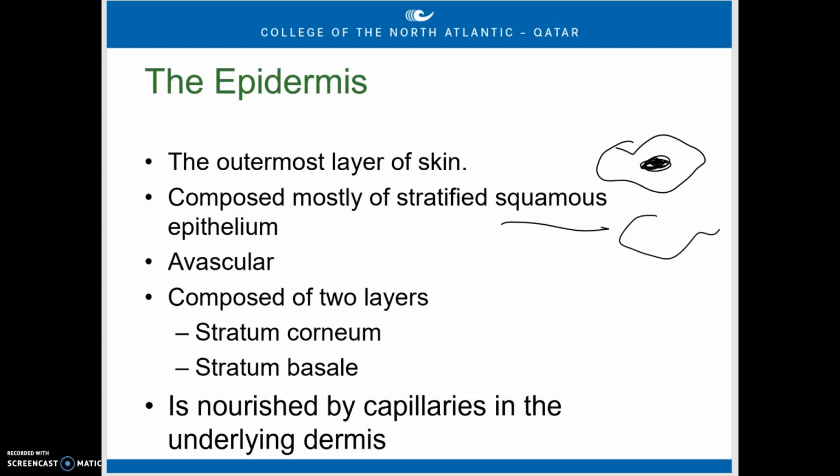And those are going to be irregularly shaped. They'll be all over the place. And those are the squamous cells. Now, stratified, remember, means that they're stacked on top of each other, so there's layers. This epidermis is avascular. So whenever you see A in front of a word, it usually means no or not.